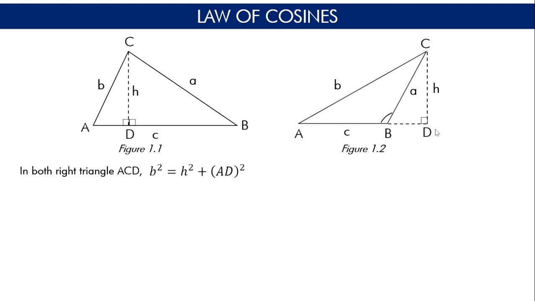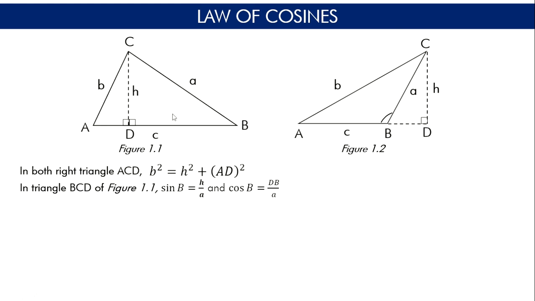While in triangle BCD for figure 1.1, we can obtain the sine B and the cosine B. The sine B is opposite, which is h, over its hypotenuse, which is a. And for the cosine B, the adjacent here is DB, since there's no representation for its value, so let's represent that as DB.